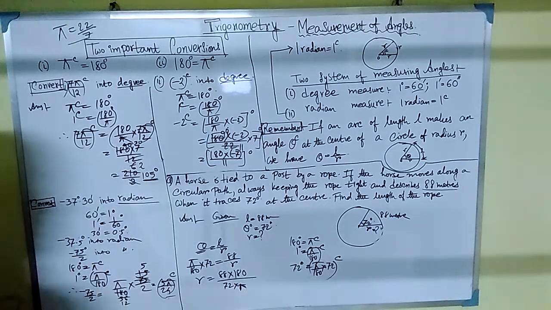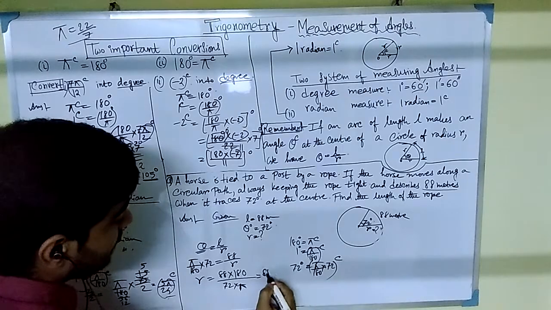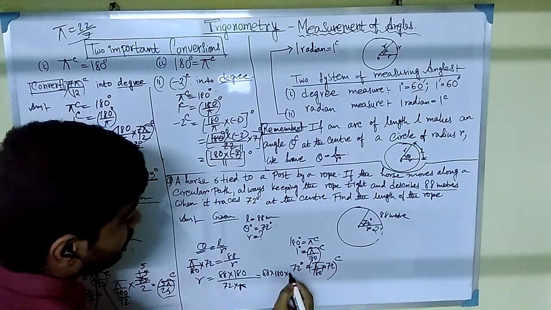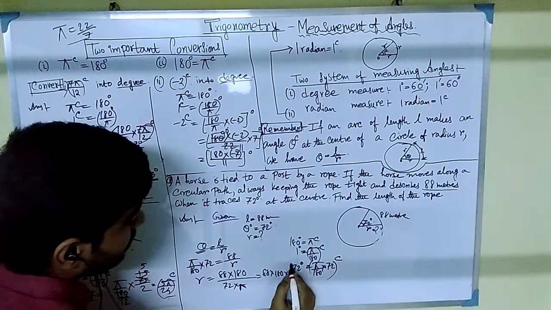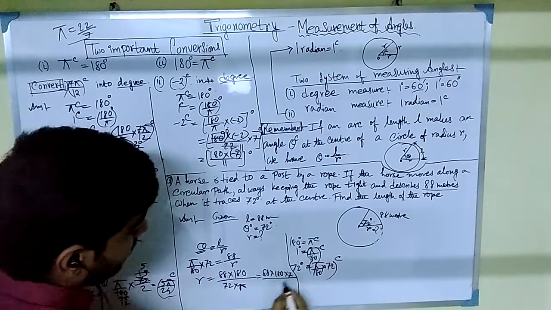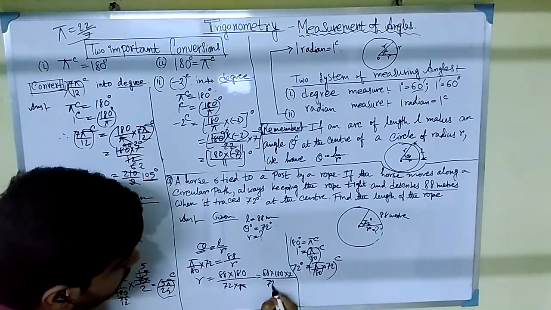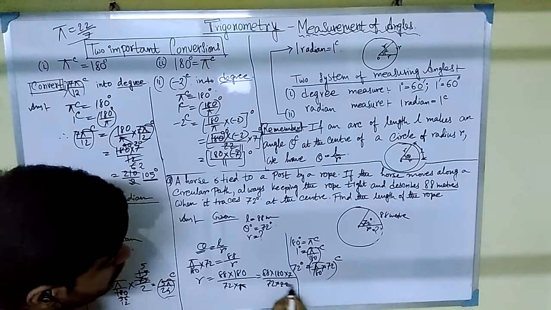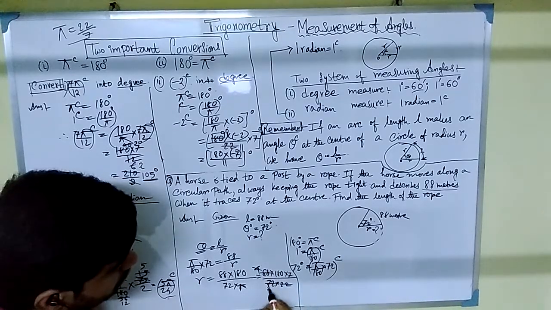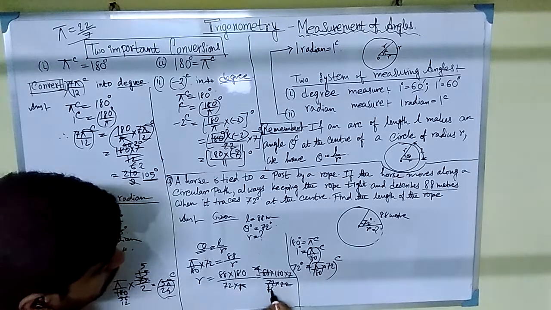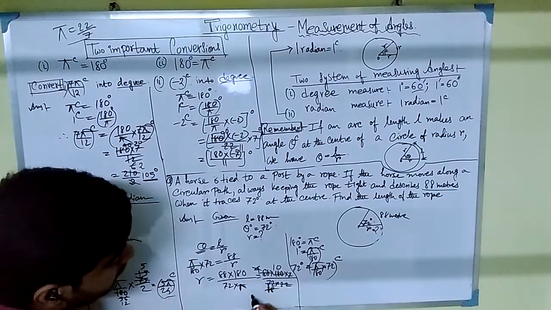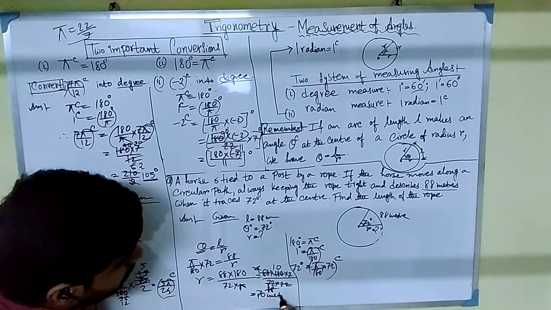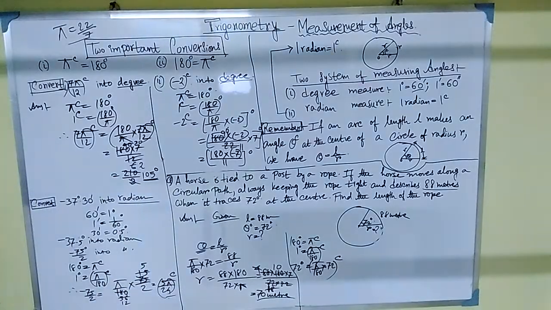This pi I know the value 22 by 7, so it is 88 into 180 into 7 divided by 72 into 22. It is coming to be 70 meters. So this is the length of the rope, and hence the answer.